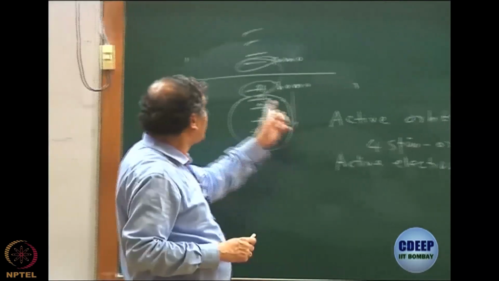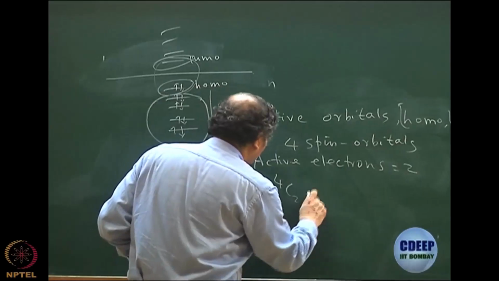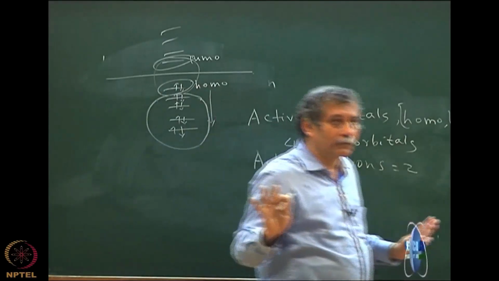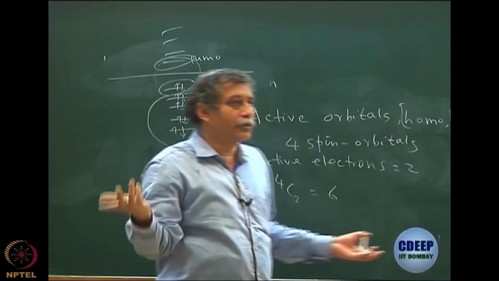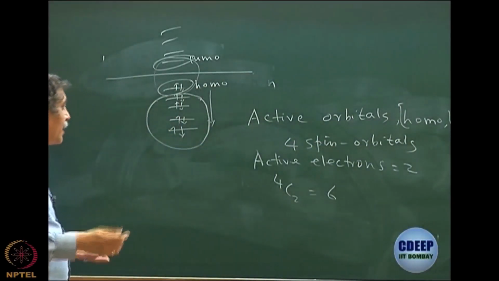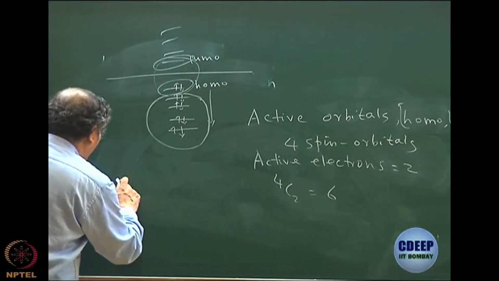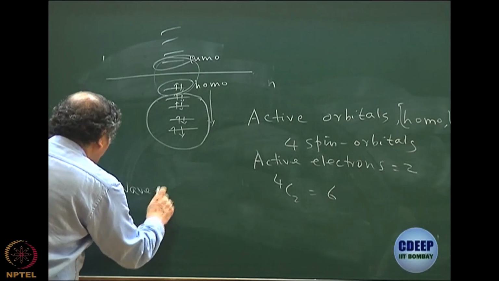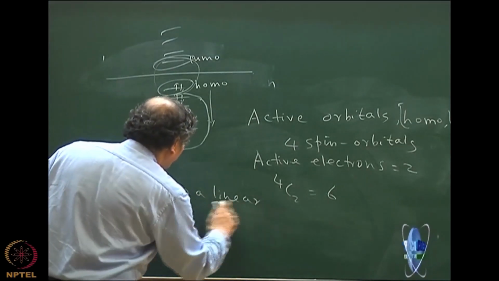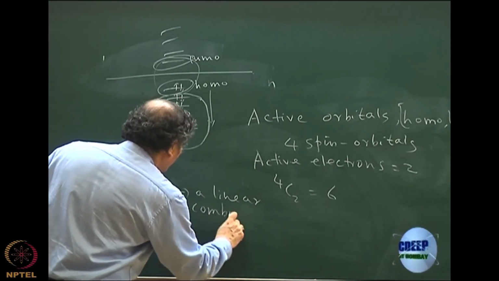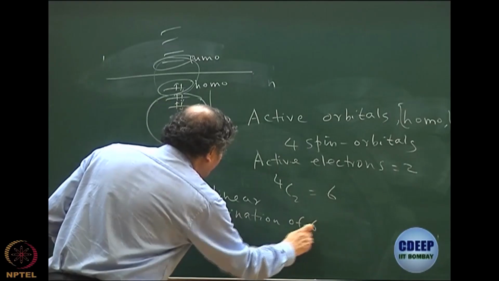You have 4 spin orbitals, 2 electrons, so you have 4c2 without looking at the symmetry right now, because we do not know the symmetry of the orbitals. They may have the same symmetry, so you should be able to excite. So in general, I have 6 determinants, and I make a wave function which is now a linear combination of these 6 determinants. How did I choose these 6 determinants?